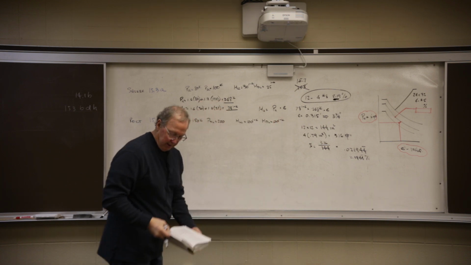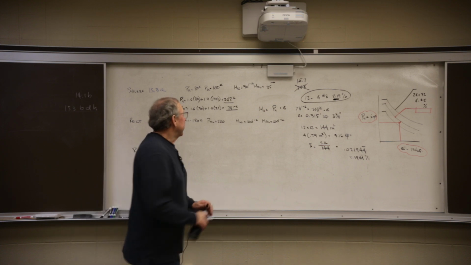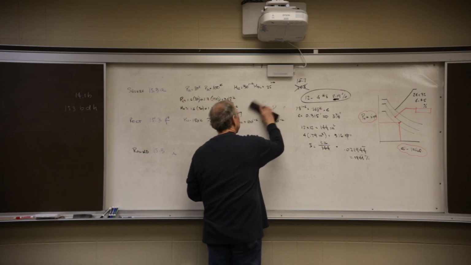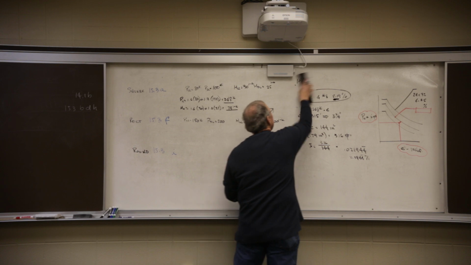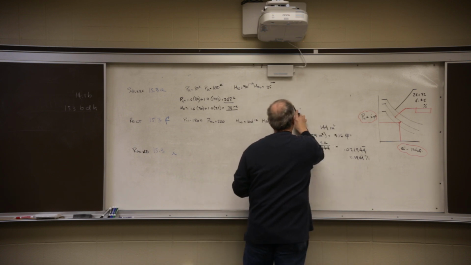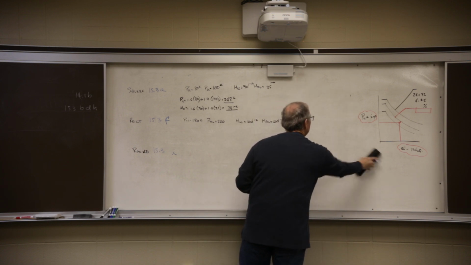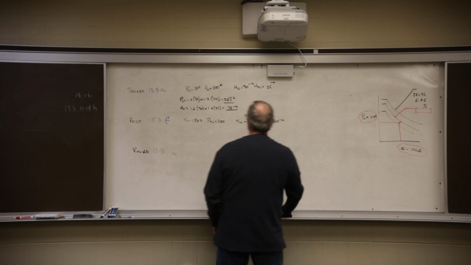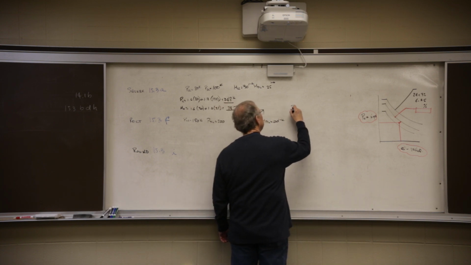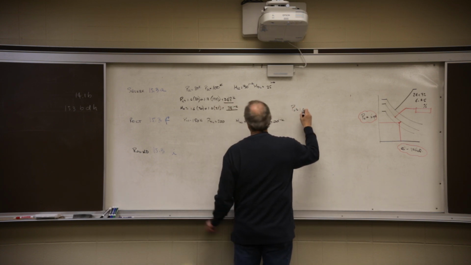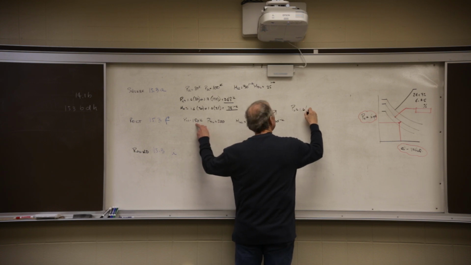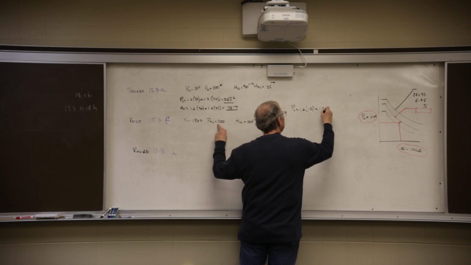So there's my data. So why don't you go work a little bit ahead of me, and I'll catch up with you in a couple seconds. See if you can pull this one off. Okay, I'm going to find PU. 1.6 times 150, 1.2 times 200.